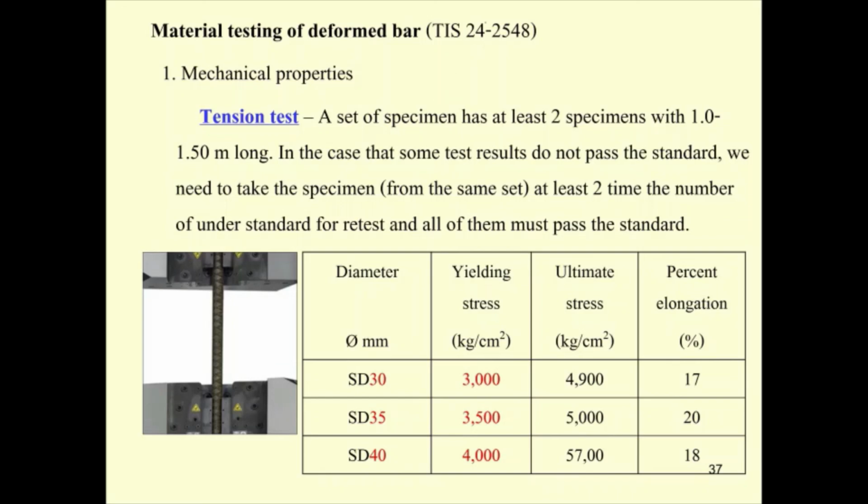The TIS that you must follow is TIS 24, and they have details. You got to follow the test like this. I didn't mention this much because you're going to use this when you need it, and then you know where you should find it, and just come and check it out.